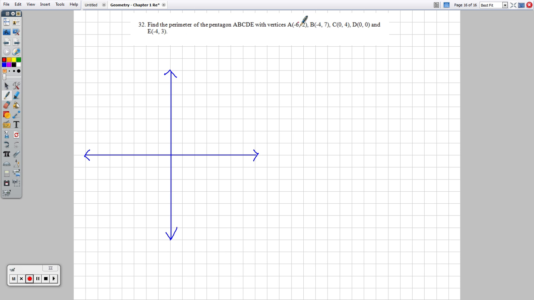Let's label those points. So we've got negative 6, 2. 1, 2, 3, 4, 5, 6 back up to. There's point A. Negative 6, 2. Point B is negative 4 and then 7. So 1, 2, 3, 4, 5, 6, 7. Looks like there then would be point B, negative 4, 7. Point C at 0, 4. So here's 0, up 1, 2, 3, 4.